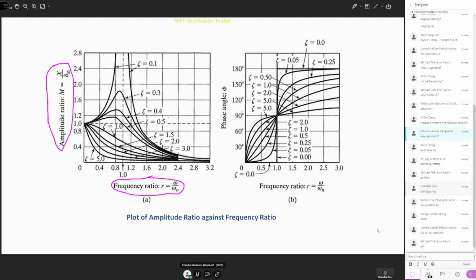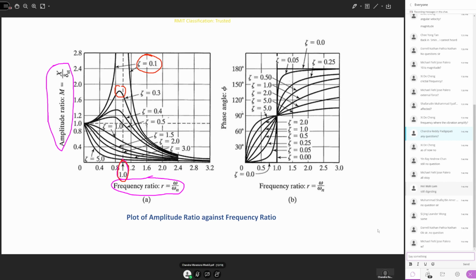When R is equal to 1, when the frequency ratio is 1, so you can see here 1. For different damping ratios, 0.1, 0.3, 0.4, irrespective of the damping ratios, you can see the amplitude ratio is maximum when omega is equivalent to omega n.